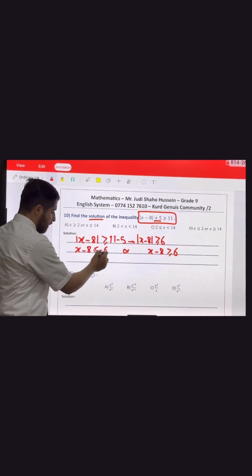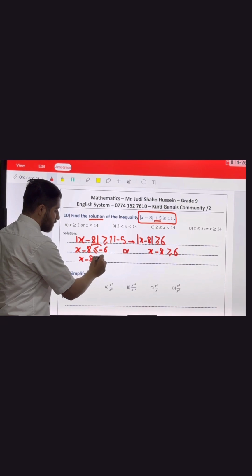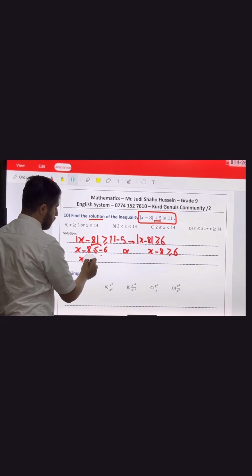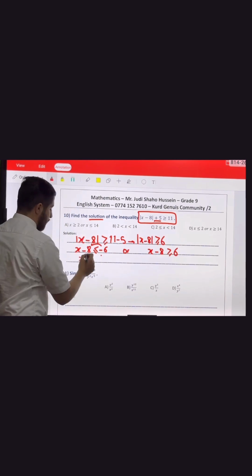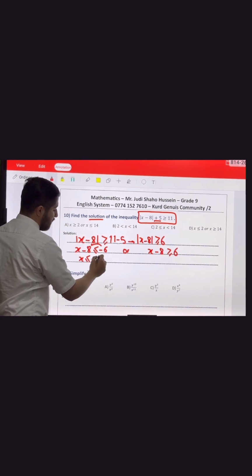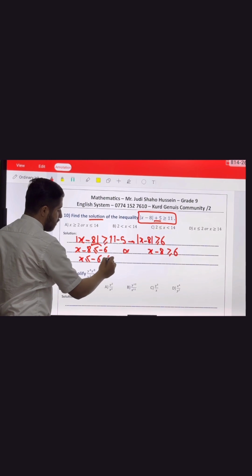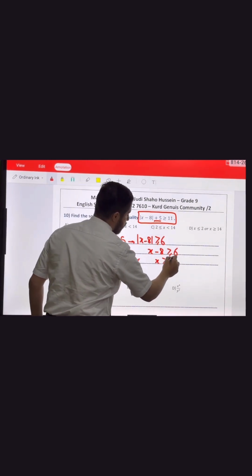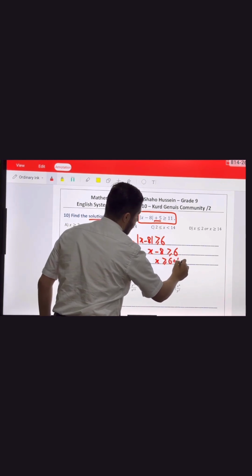In this part, this goes to the other side. We get x equal to negative 6 plus 8, or x greater than or equal to 6 plus 8.